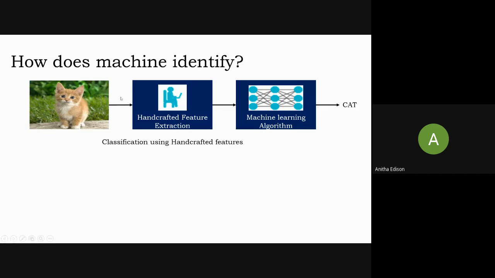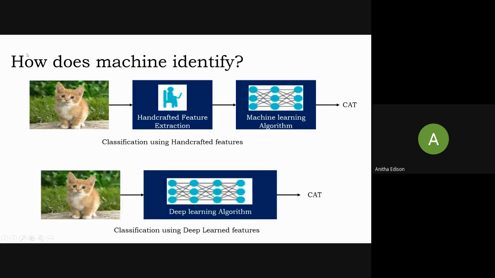Then I have to train a machine learning algorithm to give an output that this is a cat. And this was classification using handcrafted features.